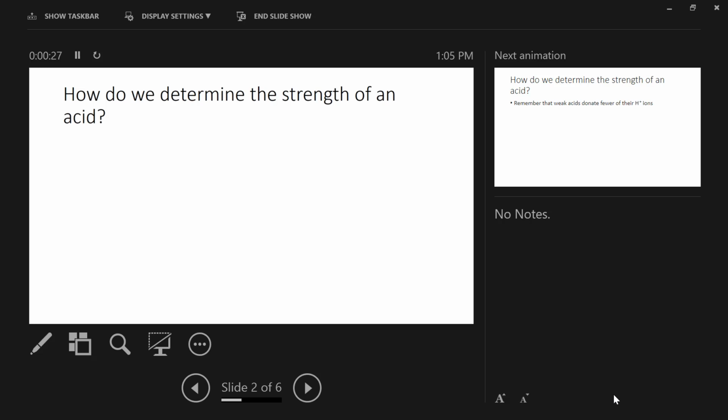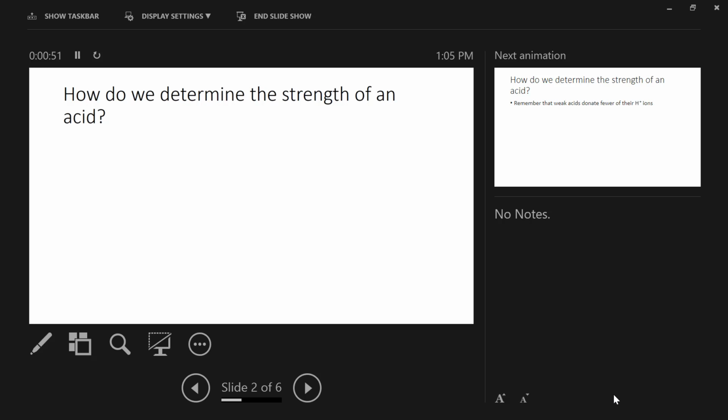How do we determine the strength of an acid? So you'll remember last week we talked about that we've got strong acids and we've got weak acids.